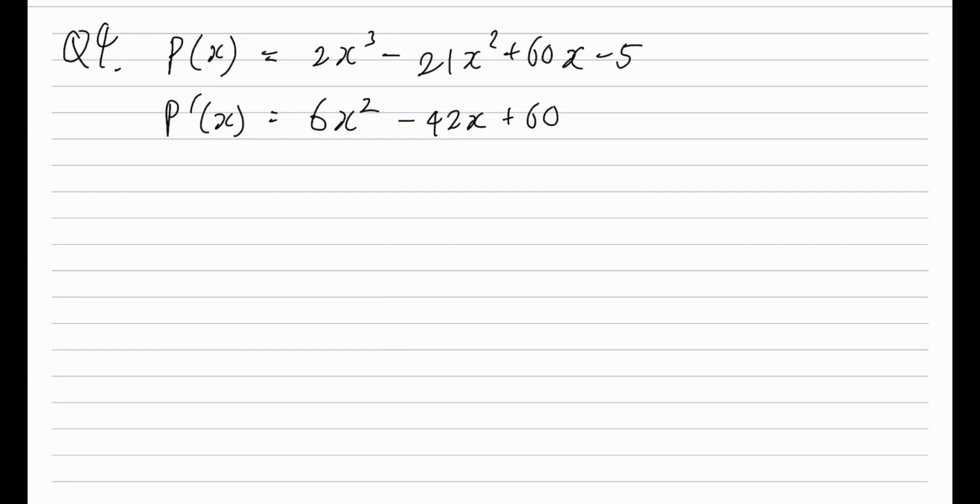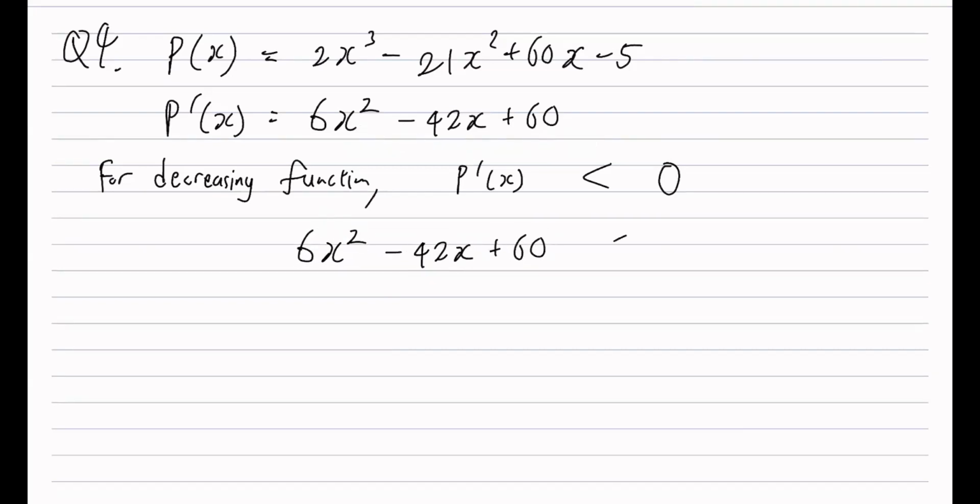Last word. Decreasing. So for decreasing function, 6x squared minus 42x plus 60 less than 0. Yes. So this guy less than 0.